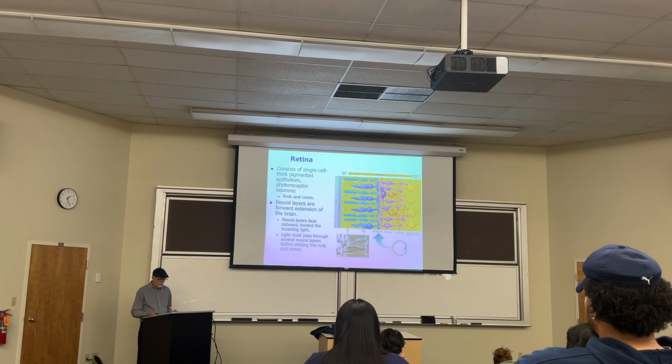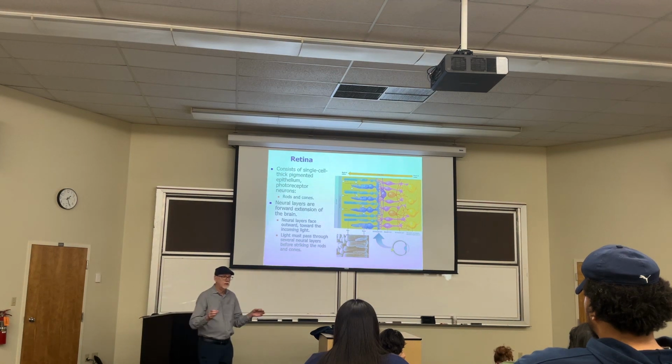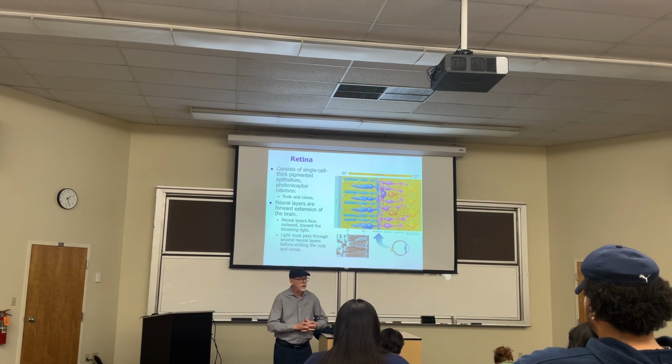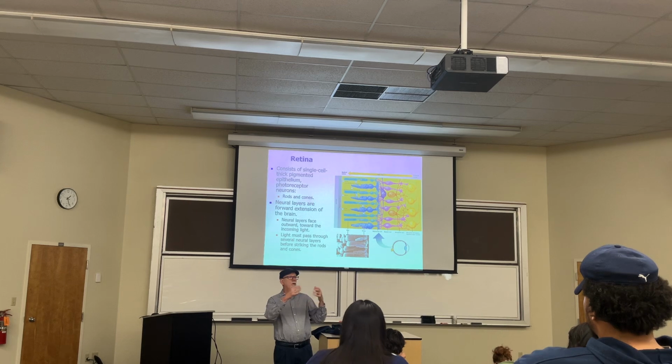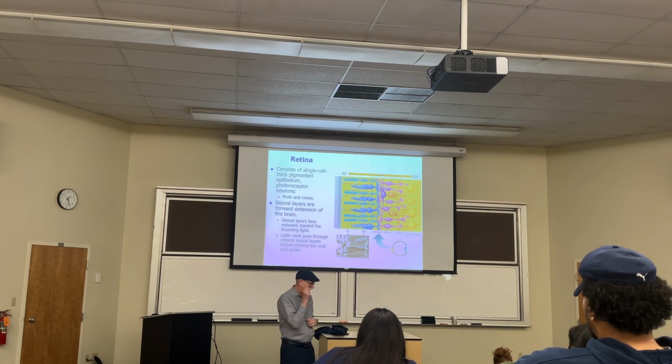These are electron micrographs of the cones and the rods. These membranes are going to have photopigments within them. These photopigments are going to be able to absorb light.